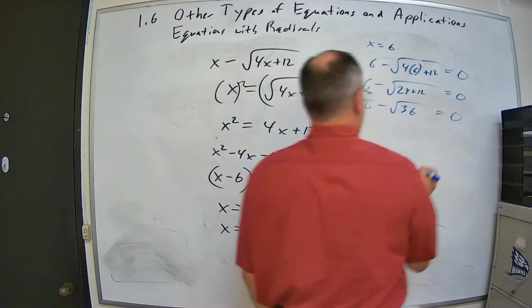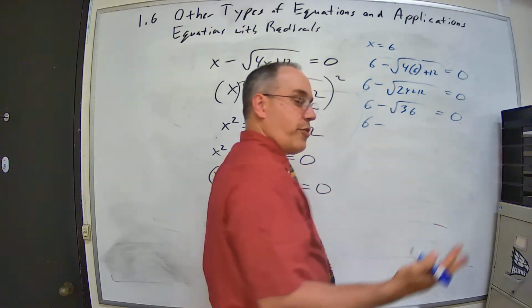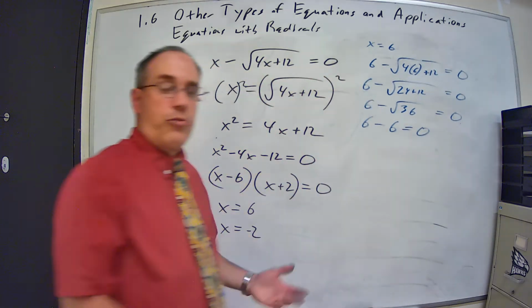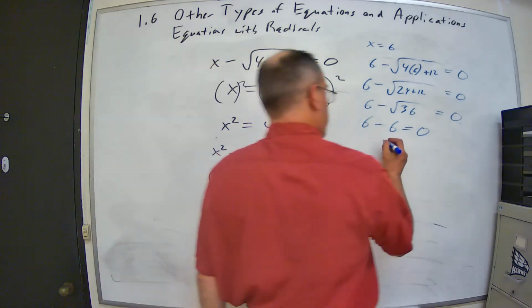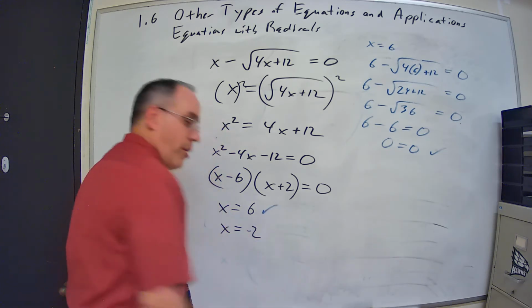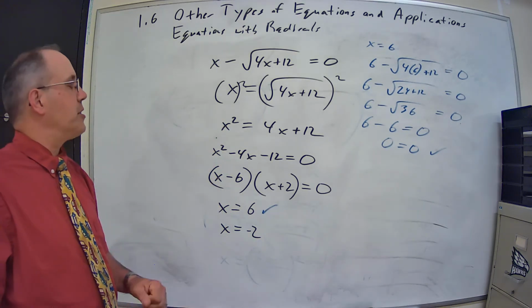So 6 minus the square root of 36 is 6 minus 6, equal to 0. And that's correct, 0 equal to 0. So that one tests out. We like that one. x equal to 6.